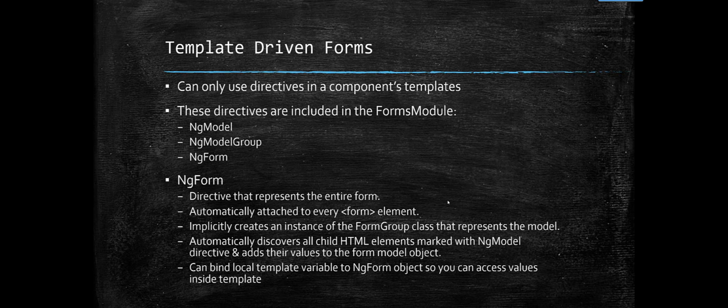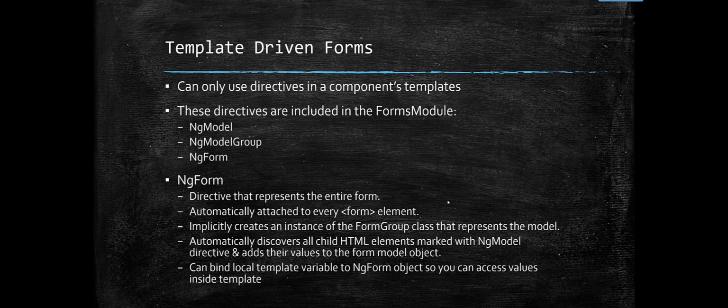The ngForm directive represents the entire form. It's basically like the border box of the form, and it represents everything about the form. It automatically attaches to every form element, and it implicitly creates an instance of the form group that represents the model.